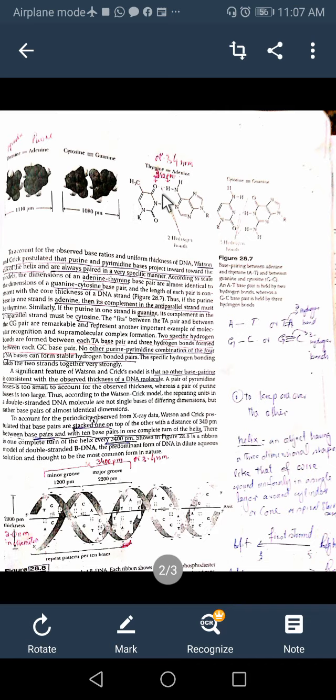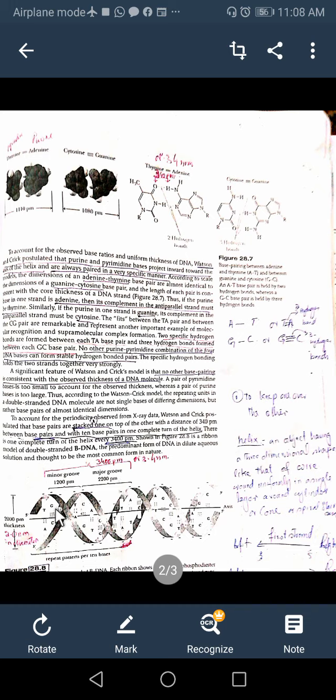Now here you can see the distance is 340 picometer between the two bases, between the T and A, thymine and adenine, or any two bases of the two helical strands of the DNA.